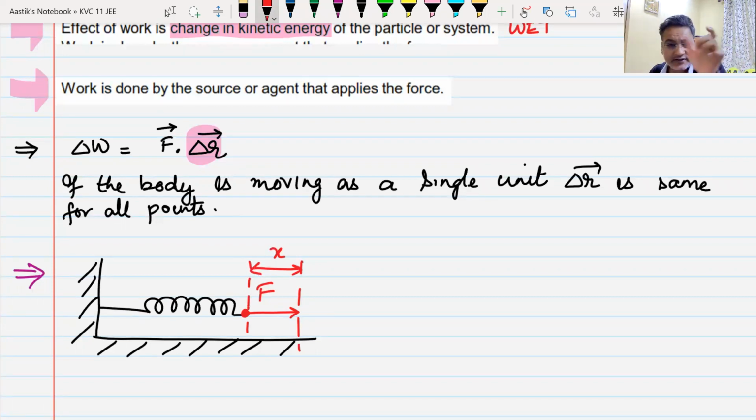Now, if you look at this spring as one body, the displacement of the point A, where the force is applied, is x.